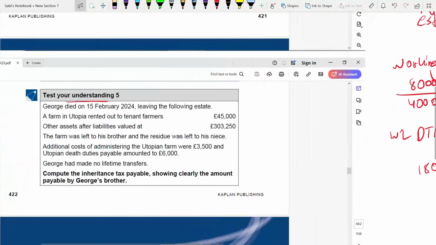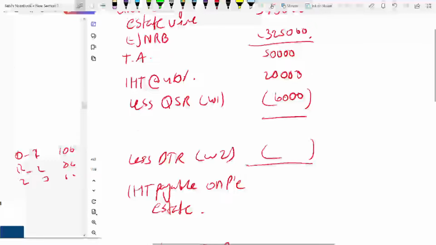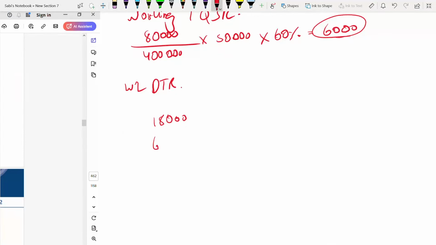So it is on the 60,000. See, the rental property situated overseas is 60,000. On the 60,000, you will pay UK IHT. So on the 60,000, you need a percentage here. That percentage you have to work out. That is known as AER, average estate rate.